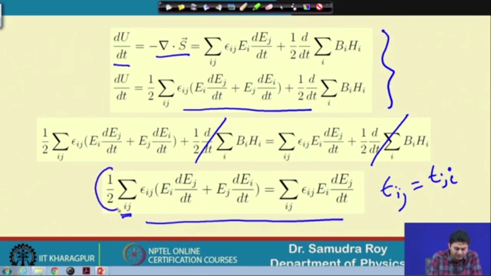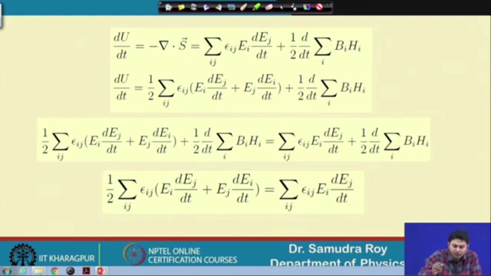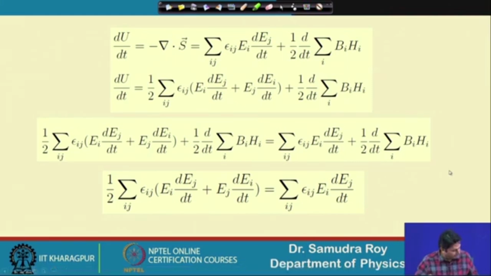So, that will cancel out this half term, and because of the cancelling out of this half term, eventually we will get a single equation like this. So, this equation will be consistent only when epsilon I j is equal to epsilon j I. With this treatment we can prove that this is the case here.